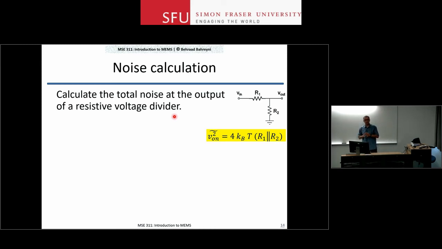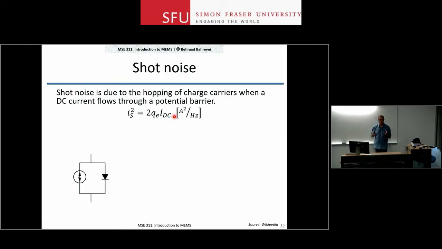So that's thermal noise for resistors, but we have other electronic noises. Another one that is fairly common is shot noise. This is a noise that is produced when your charge carriers have to jump over a barrier. So they come, they hit a barrier, and then randomly, if they have enough energy, they jump over that barrier. When does that happen?